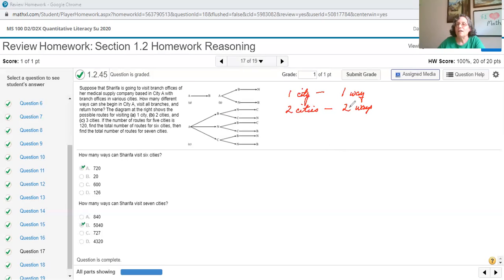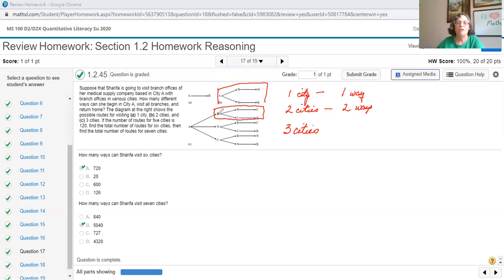Now this kind of indicates right now that 3 cities would be 3 ways, 4 cities would be 4 ways, and so on. But when you go ahead and look at 3 cities, she can go from A to B to N or to C. From B, she can go first to N and then C, or first to C and then N. So from B, this matches up with this.